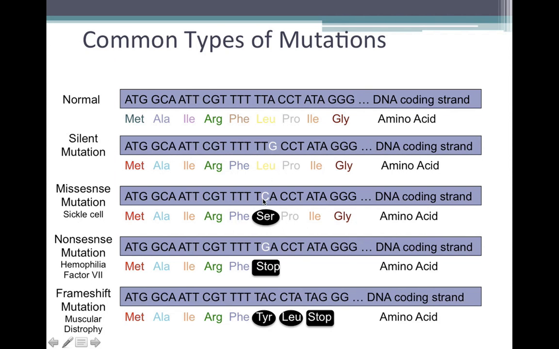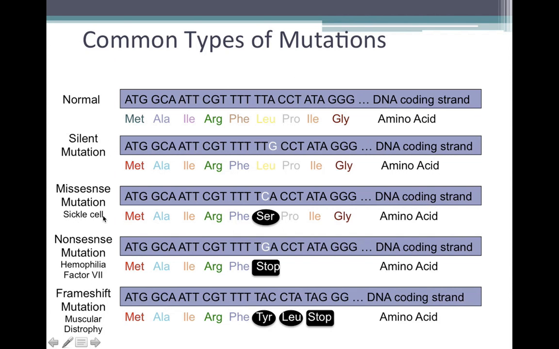Now this differs from something like a missense mutation, because a missense mutation occurs when you change a nucleotide, but that also changes the type of amino acid that's encoded by that codon. So maybe before we had TTG, which encoded for leucine, well, if we change that to TCA, that encodes for a completely different amino acid like serine, and that can lead to a missense mutation, which can lead to something that's measurable like sickle cell disease.